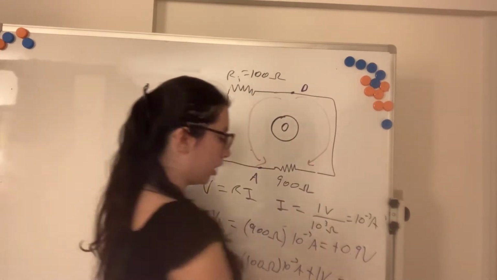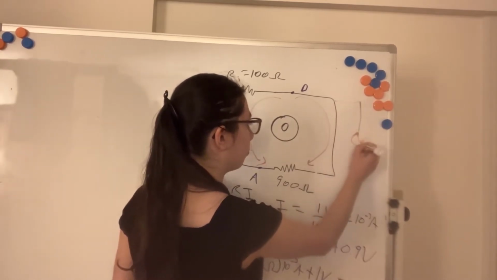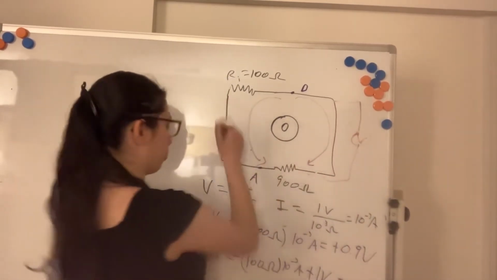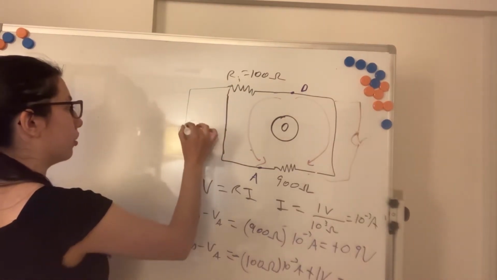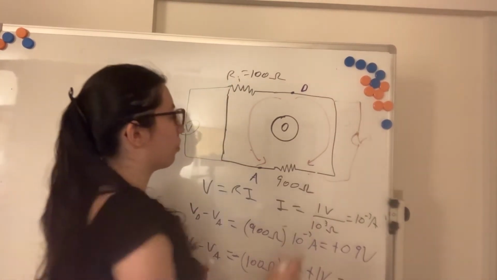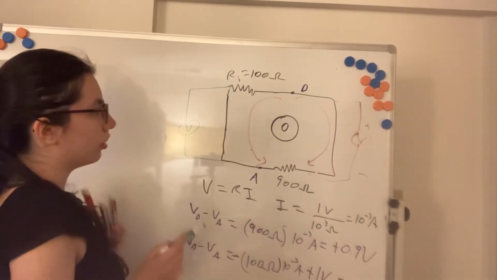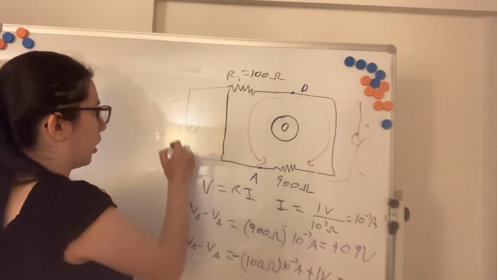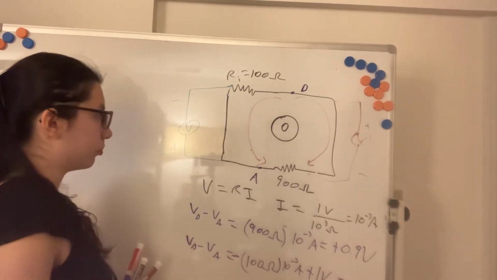We can see this if we attach a voltmeter here and another voltmeter here. We could say that this is the positive end, the negative end, and here the negative end, the positive end, or whatever it is.